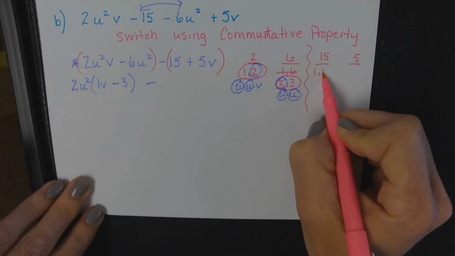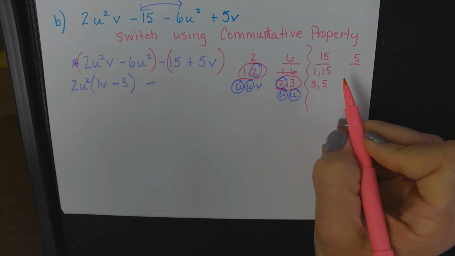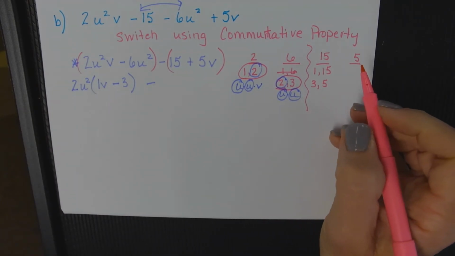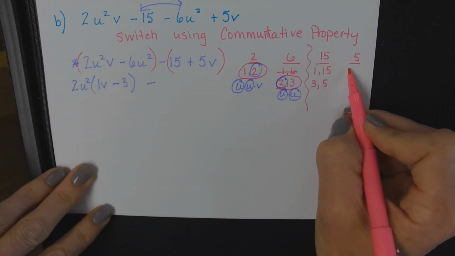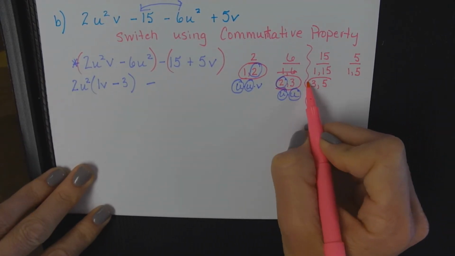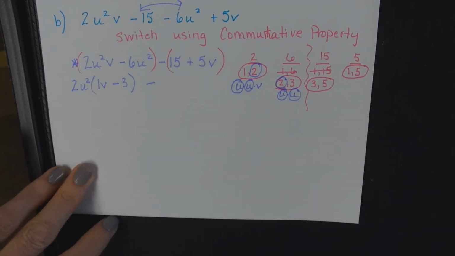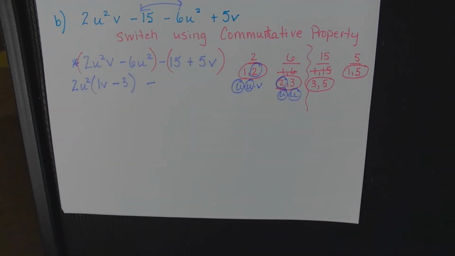Factors of 15 are 1 and 15, 3 and 5. Are y'all catching on? What's the GCF here? 5. Let's confirm 1 and 5. So we're using this set here, goodbye, and this set here. The highest number they share is 5.